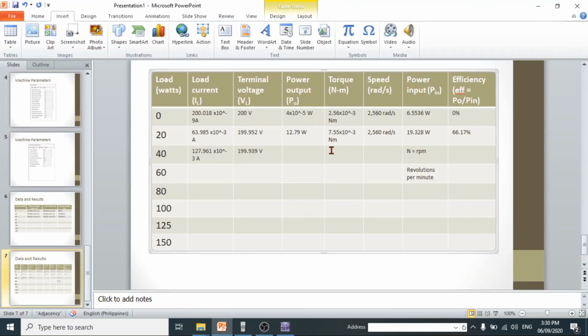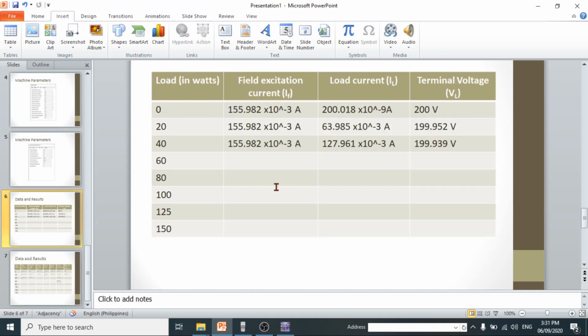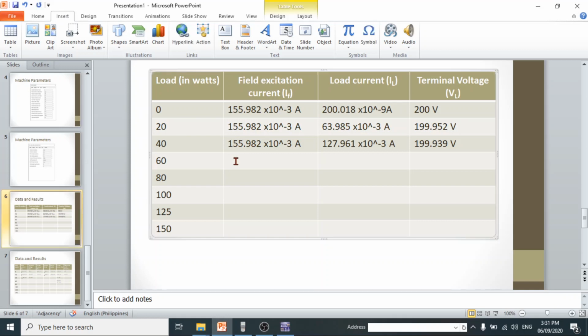Okay, so you will then be tasked to complete the following data, from 40 watts up to 150 watts. In the first table, we already have the data for up to 40 watts, so you continue for 60 to 150.